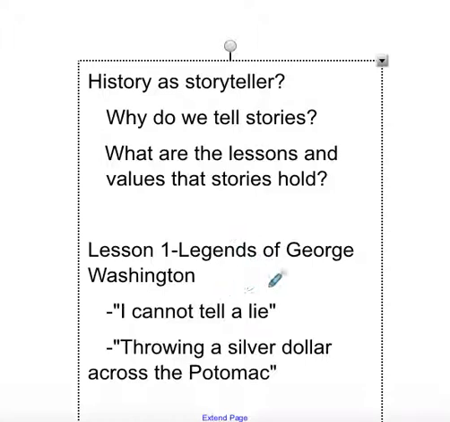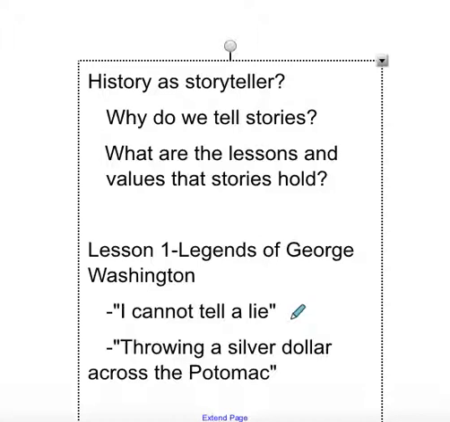Our first lesson is going to be focused on legends of George Washington, the I cannot tell a lie story, in which he tells his father that he chopped down the cherry tree, and his father says, well, I can't punish you because your honesty is worth as many as 1,200 dead cherry trees. And that's trying to explain that George Washington's greatness has stemmed from his character.